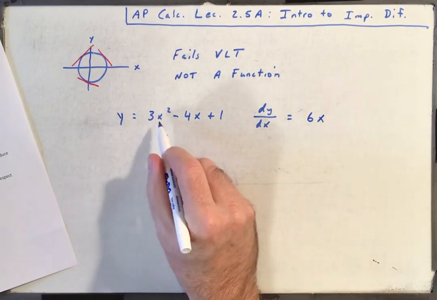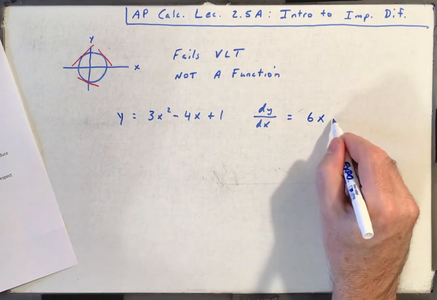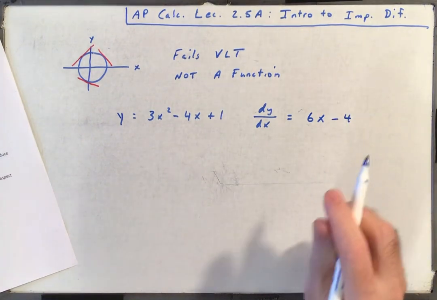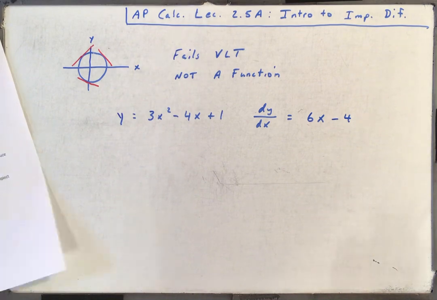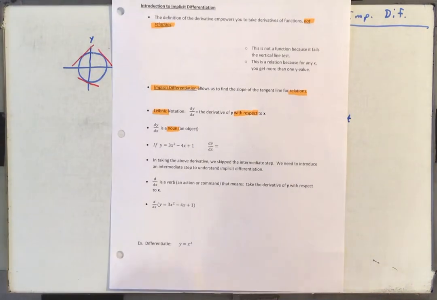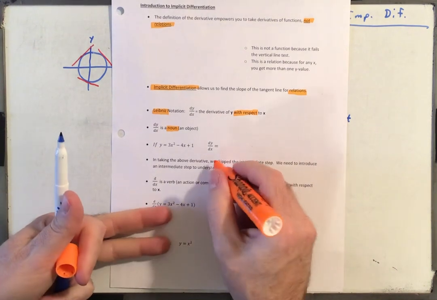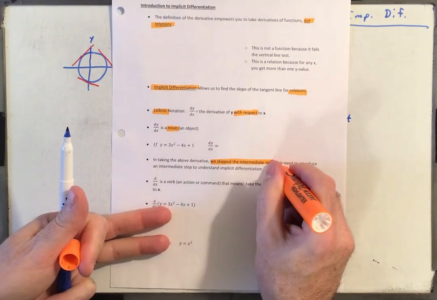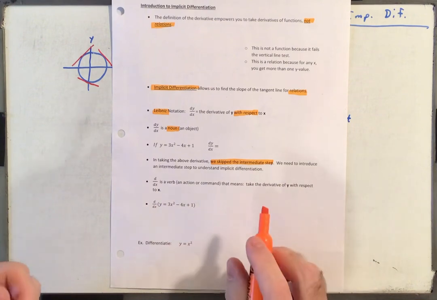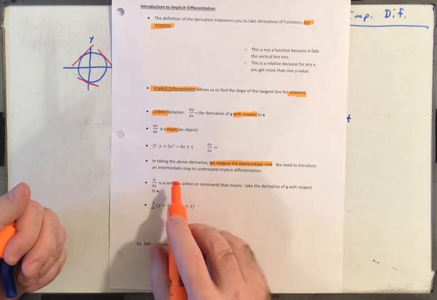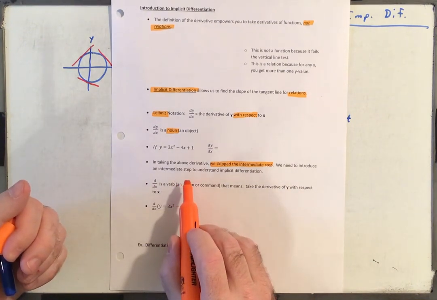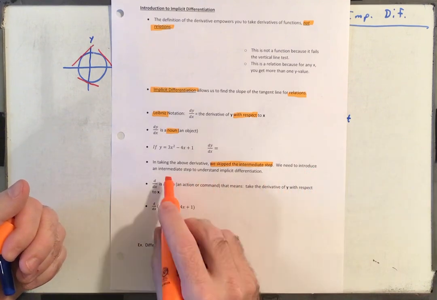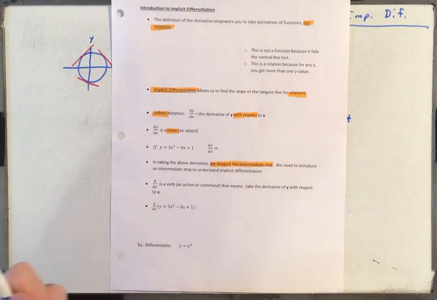Subtract 1 from the exponent, minus 4. But the thing is, we actually skipped a step there. We didn't really teach you that part, but we skipped the intermediate step. And to understand implicit differentiation, we need to introduce that intermediate step.